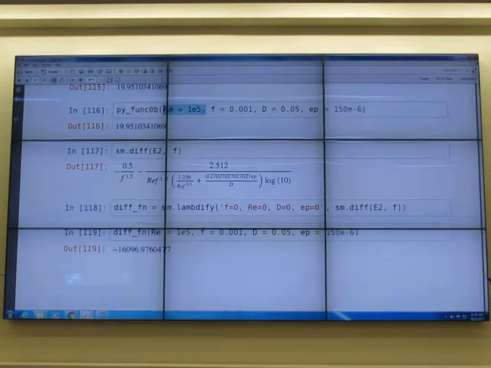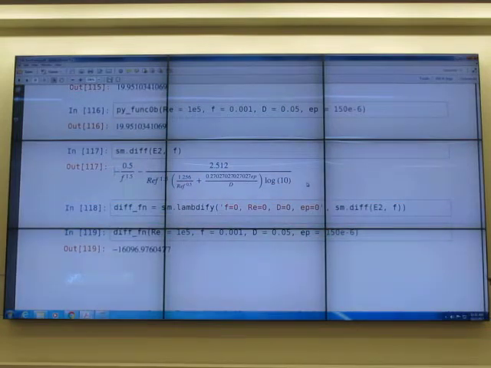So, if you do the differentiation, you do Sm.diff. You get it. Wow! When you do .diff, the first one is your function, right? The second one is what to do the partial differentiation with respect to. Now you do the differentiation with respect to f. That's what you get, right?